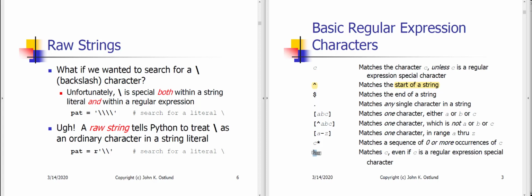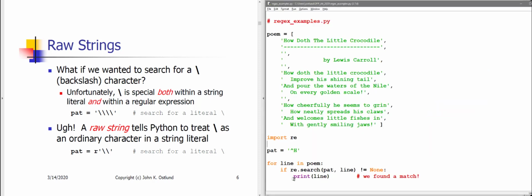Now, the backslash is used to turn off the special meaning of the very next character. So if I wanted to look, and there are no such lines, but if I wanted to look in this poem for a line that contained a caret, I would have to turn off the special meaning of the caret symbol by putting a backslash in front.